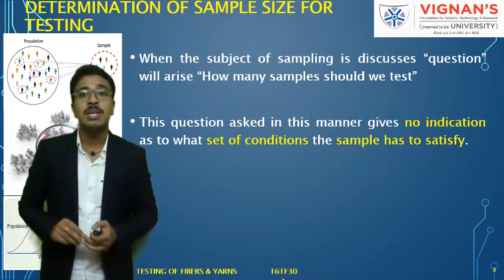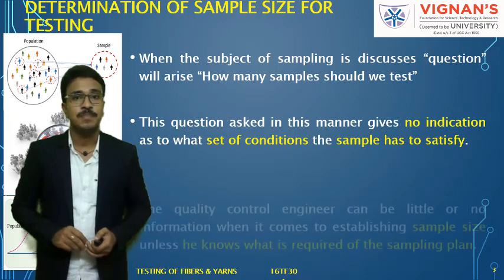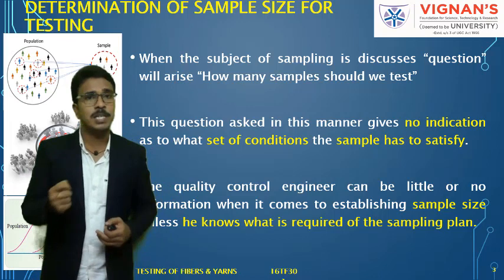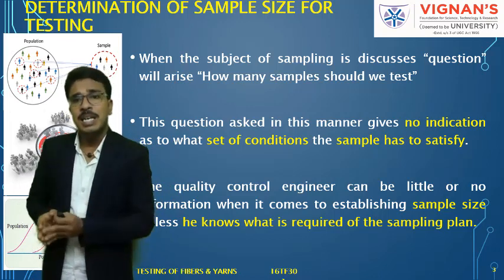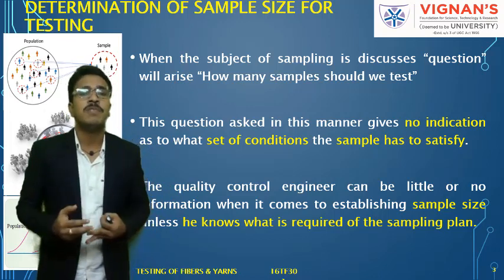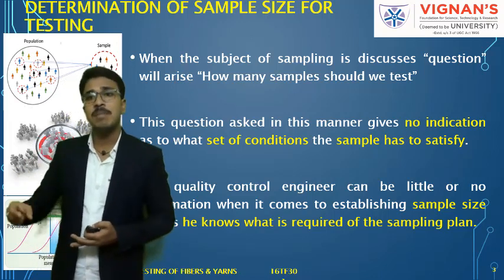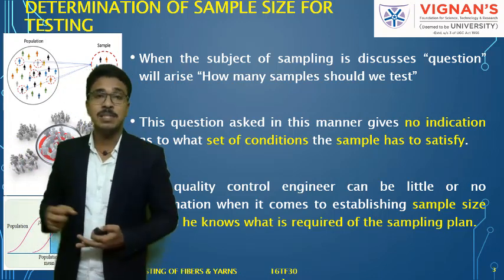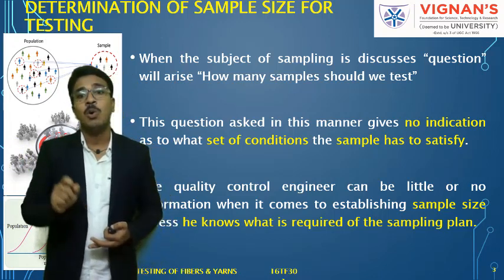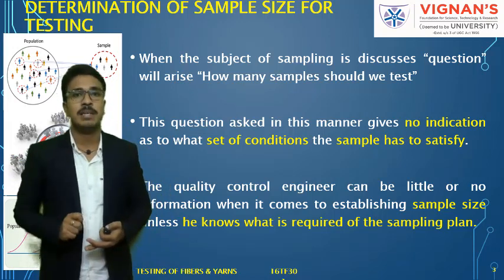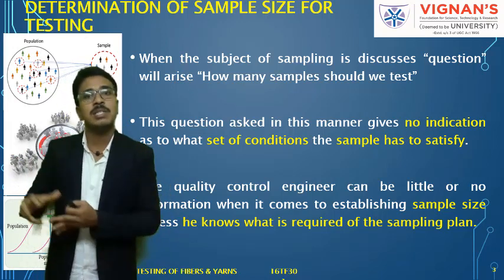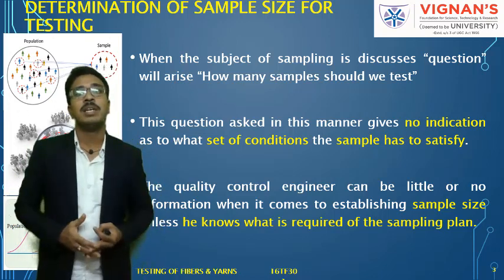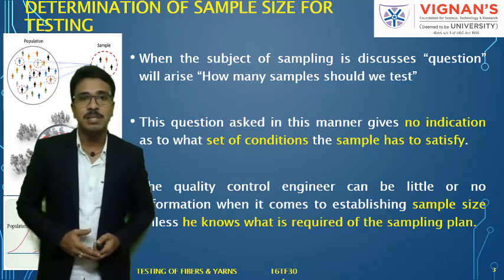Understand? Even from the quality control engineer's perspective, he can have little or no information when it comes to establishing sample size, unless he knows what is required of the sampling plan. If he doesn't know about the sampling plan, even the quality control engineer may not have any idea about the sample size.